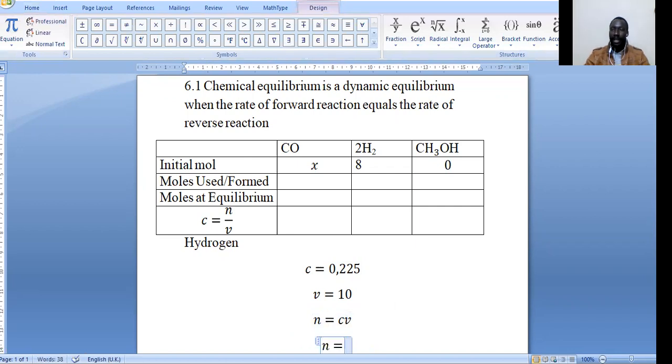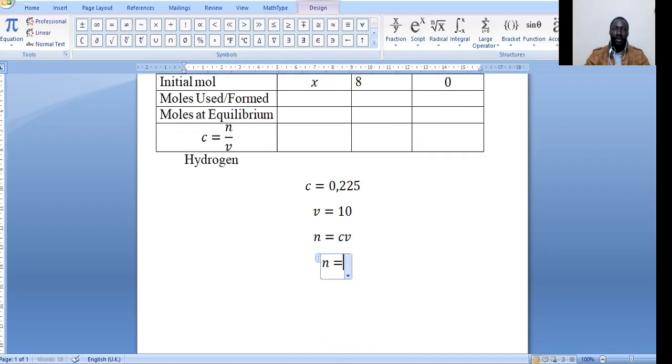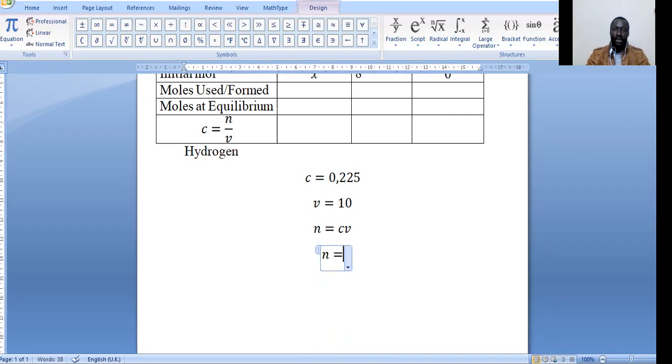Well, the value of N, let's scroll down a little bit. The value of N is going to be C, the concentration, which is 0.225, times the volume, which is 10. What do we get from here? We get 2.25. Yes, just moving the decimal one place to the right. So that's 2.25.